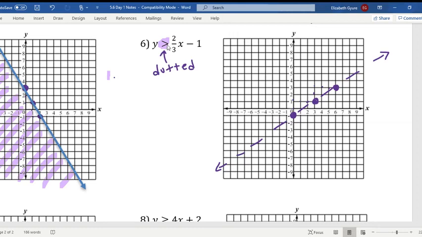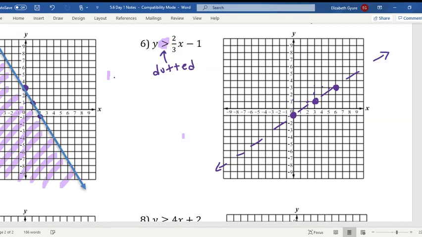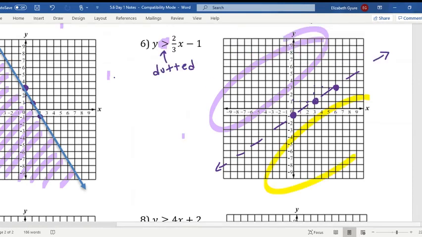Above, good. So if it's above, I just want to make sure we understand. Do you think above would be here? Or would it be here? What do we think, guys?